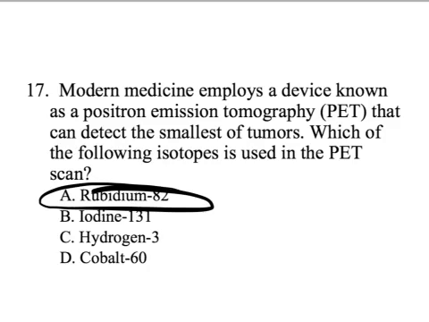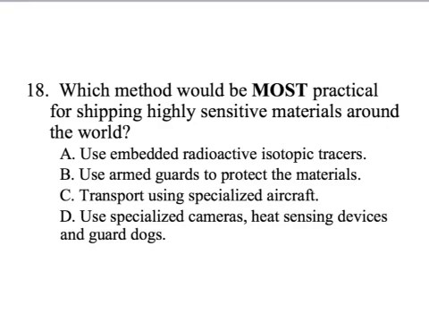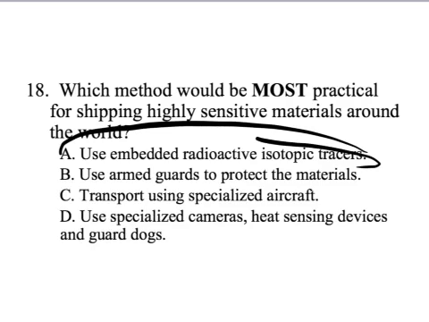We already know cobalt wasn't there. Which method would be the most practical for shipping highly sensitive materials around the world? A practical way would be to have radioactive isotopic tracers. Why? Because we can track them. It's just a matter of tracking them, and they're pretty easy to track because they leave a trail.